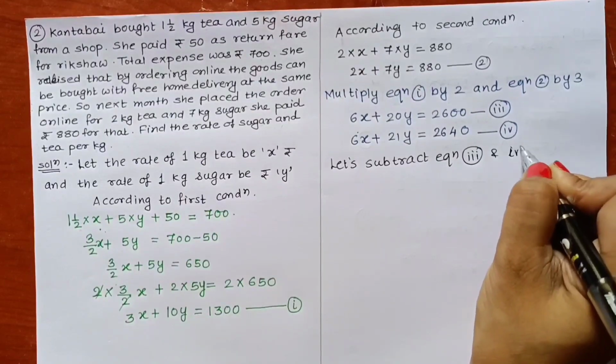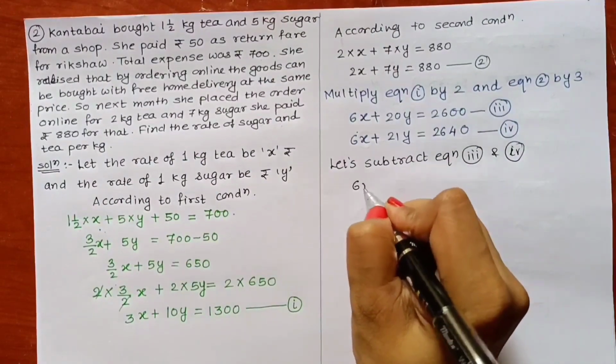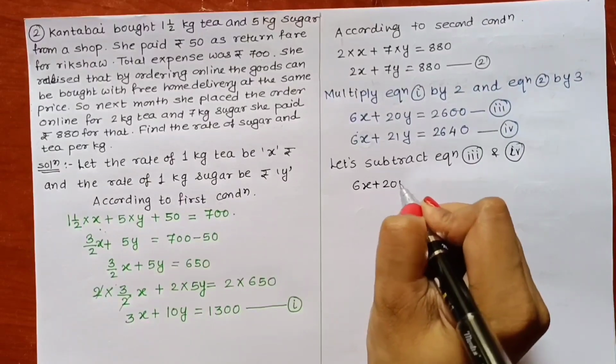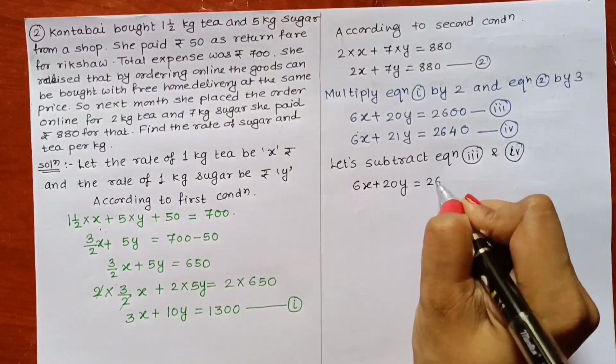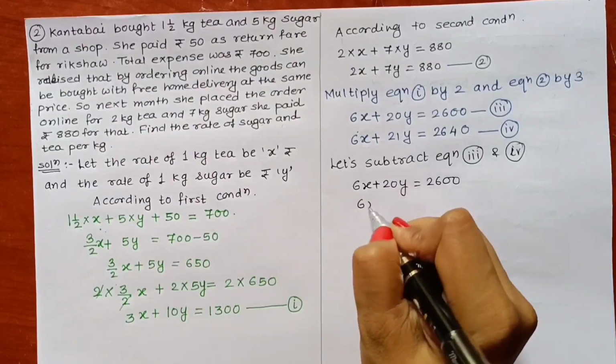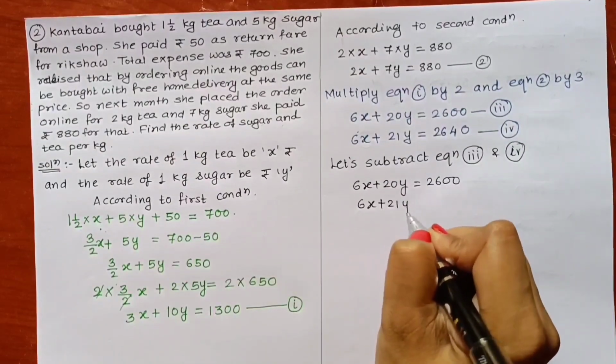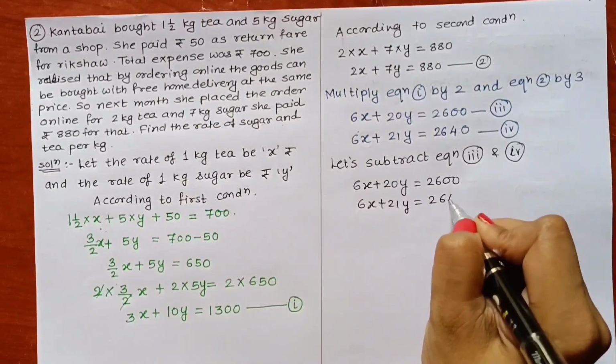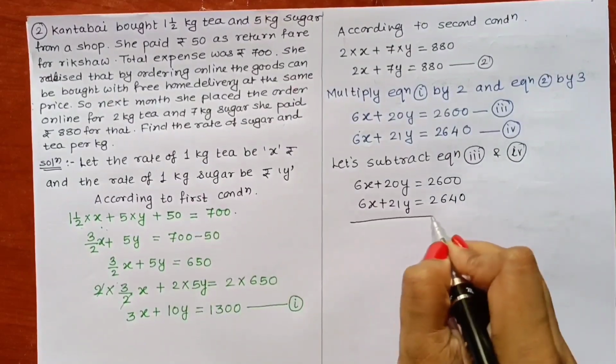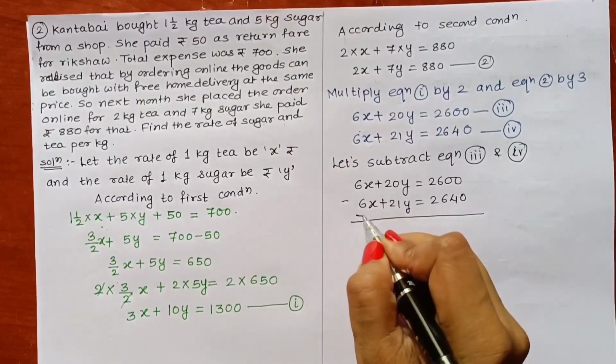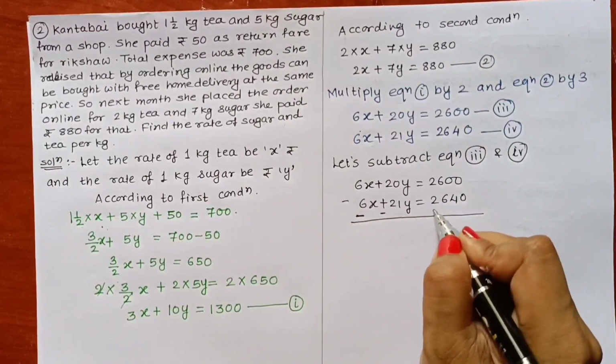Both equations we have to write one below the other. 6x plus 20y is equal to 2600. 6x plus 21y is equal to 2640. Subtract. Change the signs as we are subtracting.